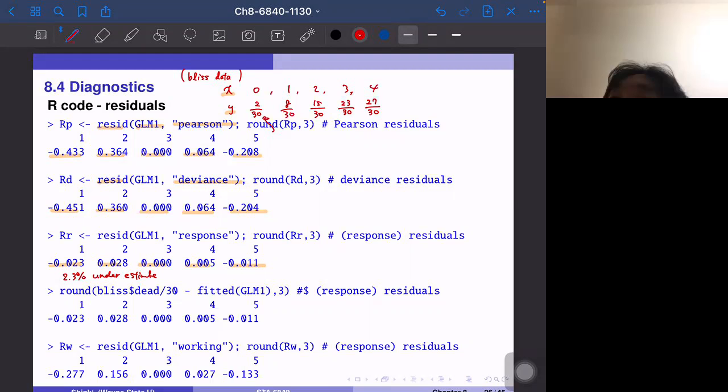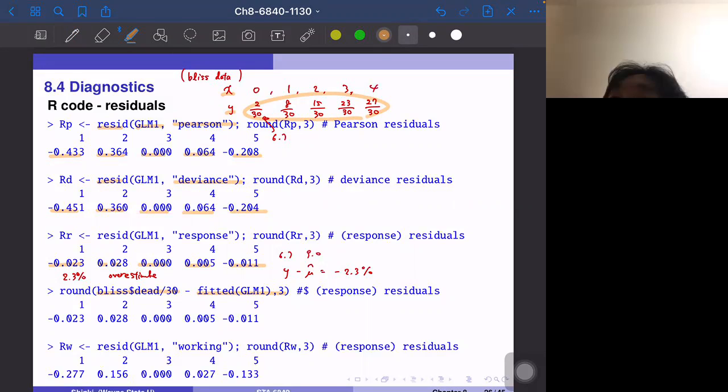So y minus mu hat is equal to negative 2.3%. y is 6.7% and mu hat is equal to 9.0%. That is what happened here. It can be obtained directly by taking the difference between the sample proportion and the fitted value.